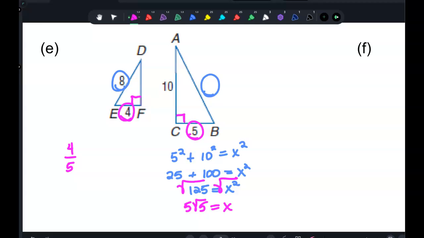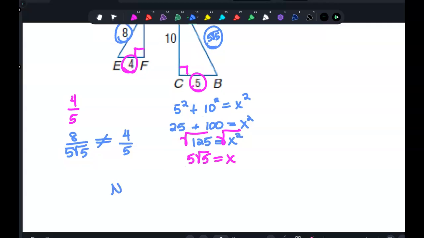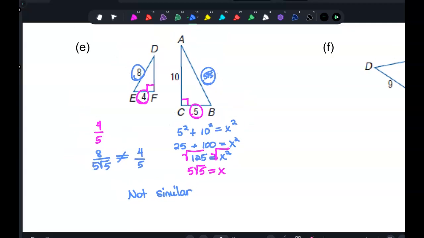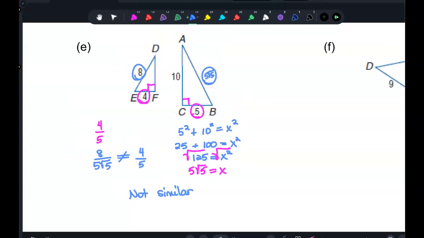So I can go back here and use 5 root 5. If I do 8 over 5 root 5, there's no way this is going to be equal to 4/5. So these are definitely not similar because the corresponding sides are not proportional.